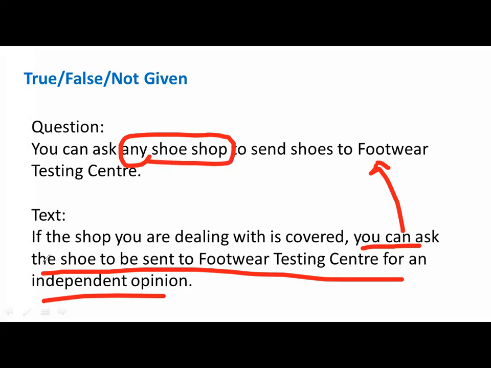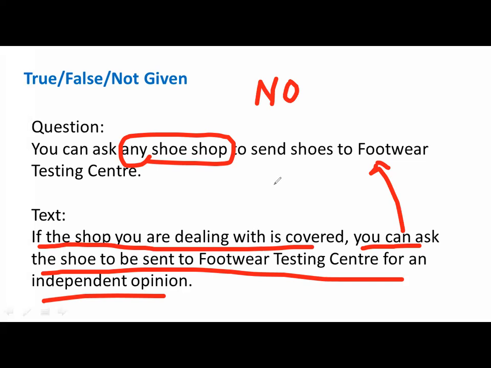Now the text says, if the shop you are dealing with is covered. So can you ask any shoe shop? You tell me the answer. Can you ask any shoe shop to send it to the footwear testing center? You said no. We cannot ask any shoe shop, but we can ask only the shop we are dealing with.